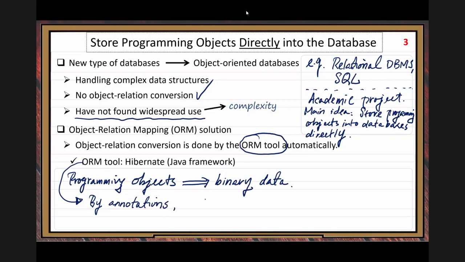In your Java code, you use the @ sign, and after that you have some special annotation tag. So you tell the ORM mapping tool what you would like to do.